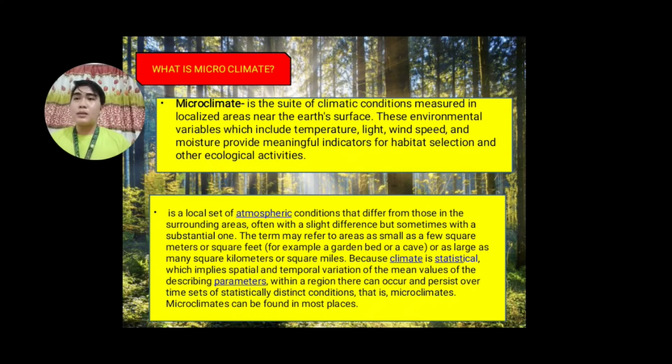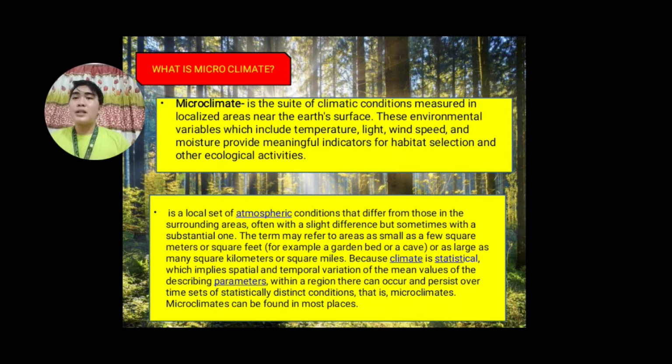Microclimate is also present in a small area, for example in a garden bed or a cave. As I said a while ago, not just in the large but also in the small.